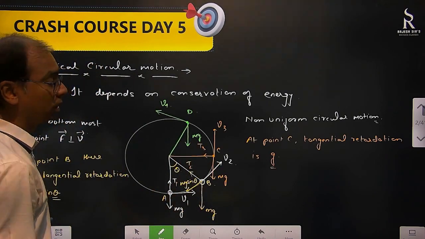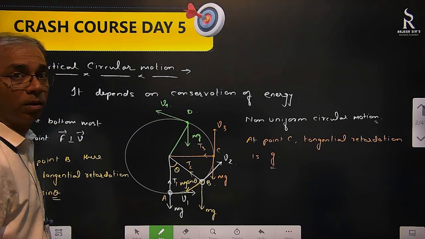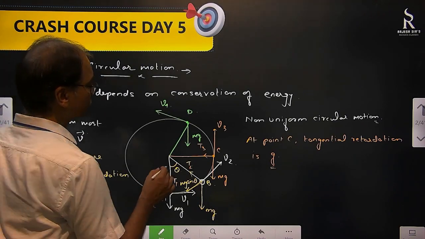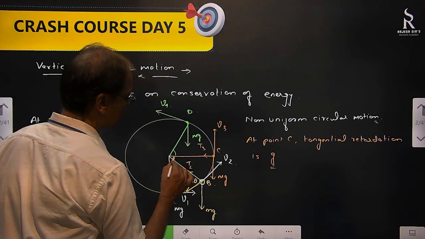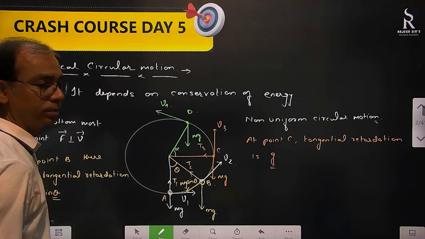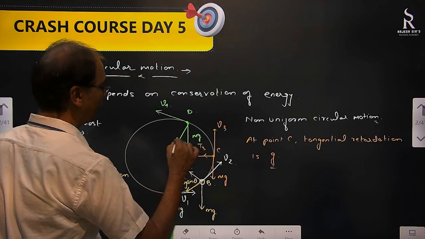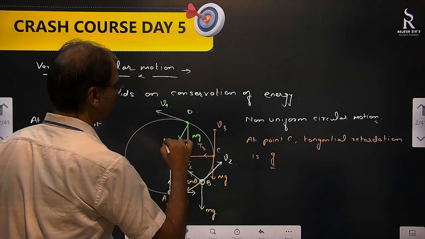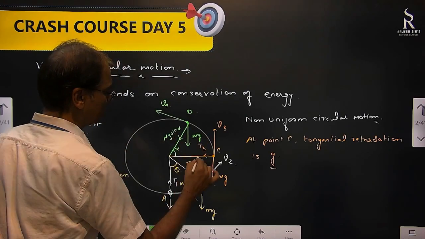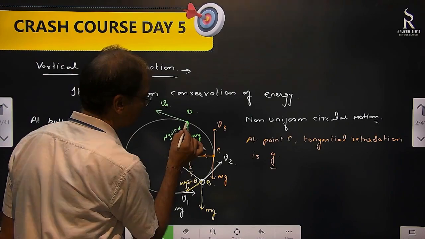Now we have to see what angle we are taking, because based on the angle only we can take the components of the gravitation force. Suppose this is alpha, which I have taken from the horizontal. What will happen? mg sin alpha will be acting in this direction. It will be like an inclined plane. So this will be mg sin alpha, and this is mg cos alpha.